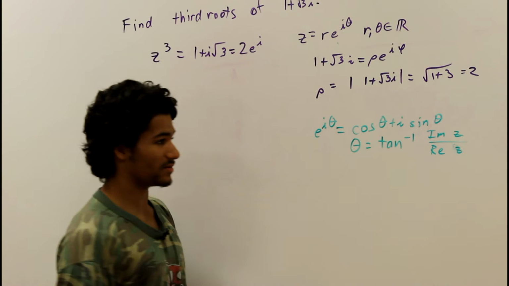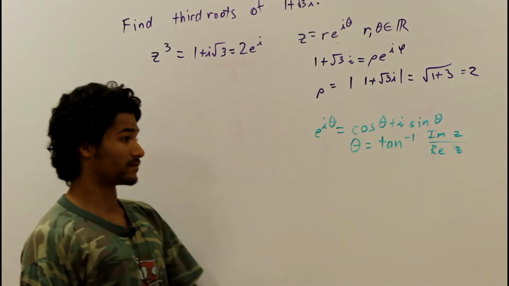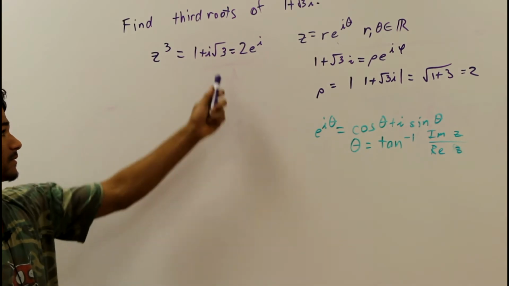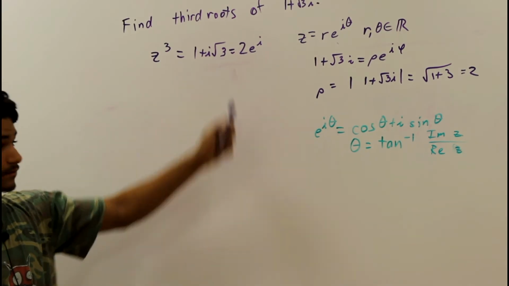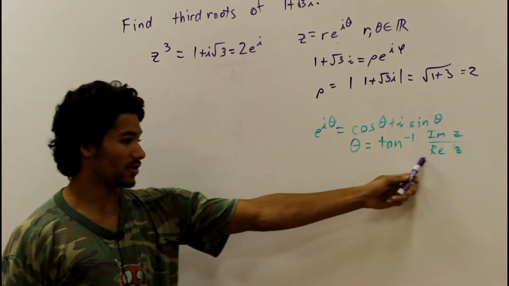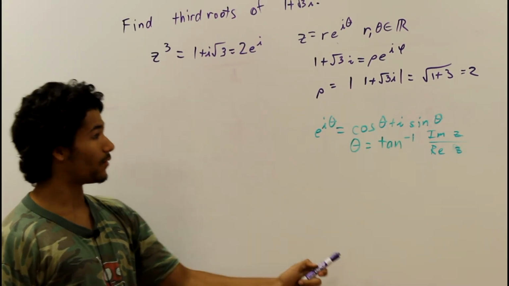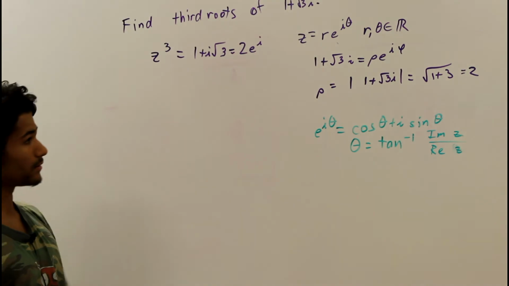This notation, imaginary part, just simply means this guy, or more specifically, this guy. The real part, Re, means this cosine theta, or 1.